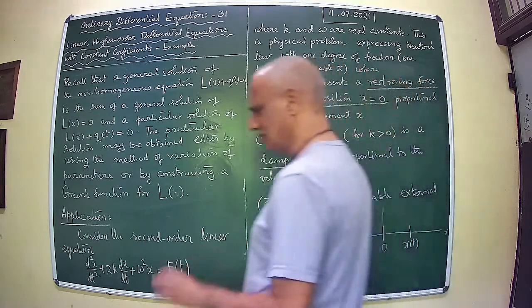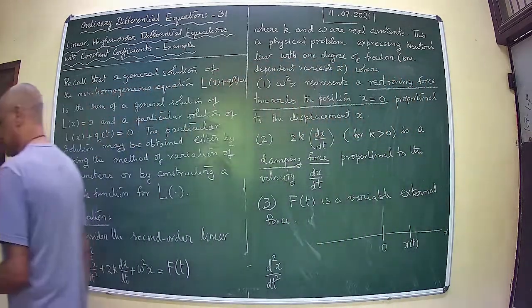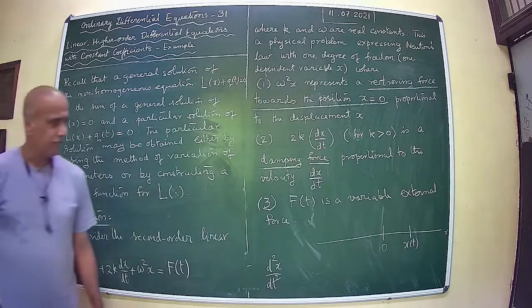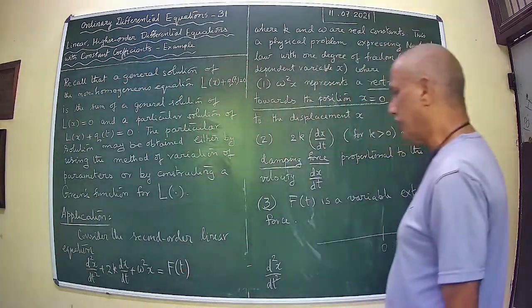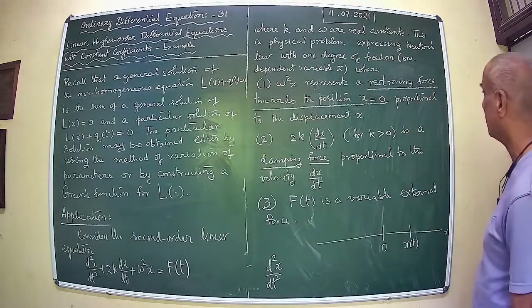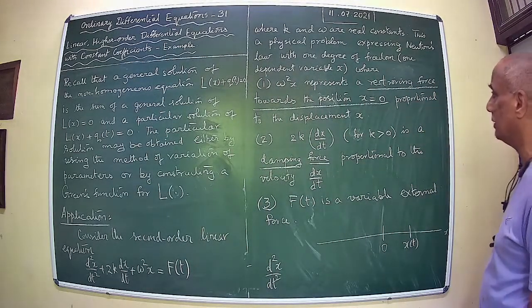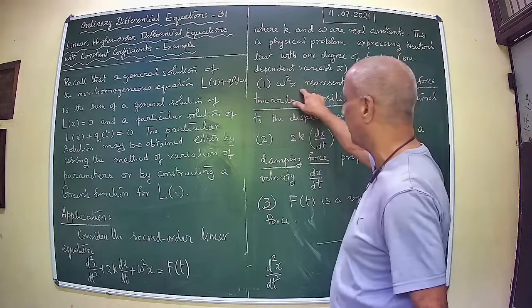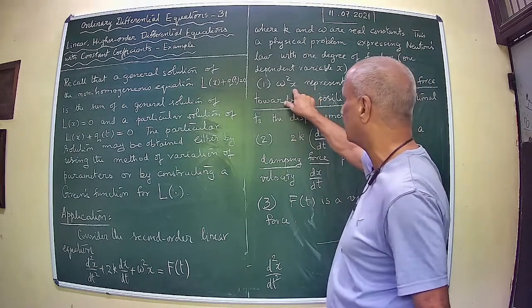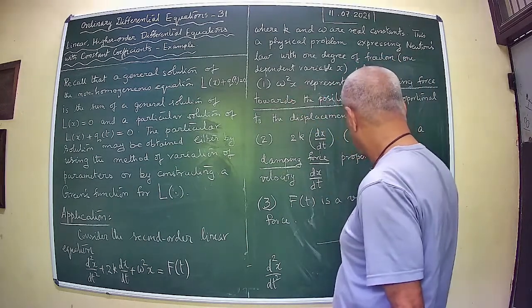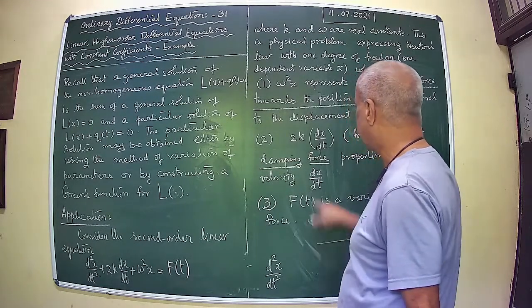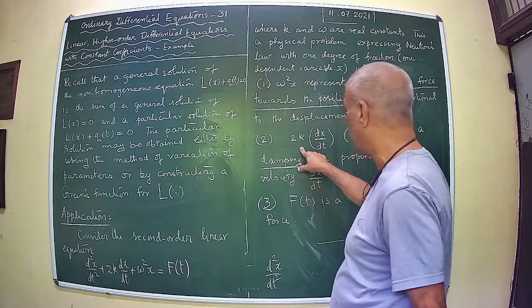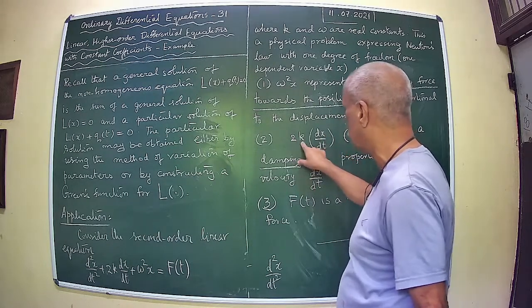Now this is what you have in the system. So there is something called a restoring force. That is denoted by omega square x, which is proportional to the distance from the 0th position. The second force that is acting on it is dx by dt into 2k.